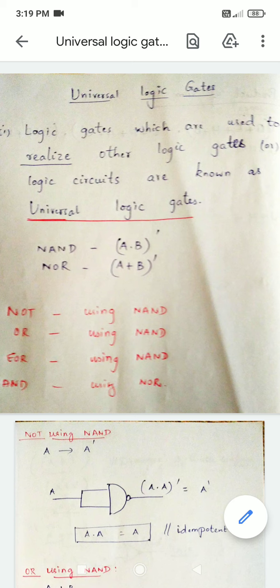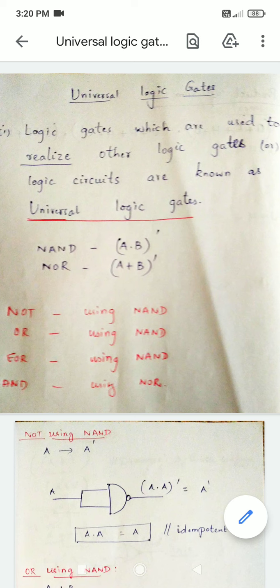It means that from these two gates you can realize any gate, maybe a basic gate or a derived gate, and also any logic circuit. Even though you may not have an AND gate, OR gate, or NOT gate in your hand, with the help of NOR and NAND gates, you could construct any logic gates and any logic circuits.